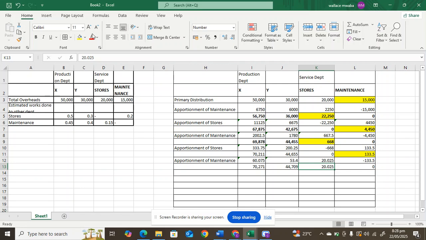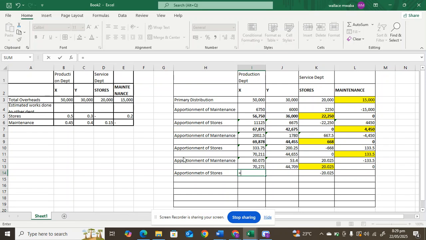So now we need to reapportion this amount for stores. So again, we're going to say apportionment for stores. So we're going to put here negative 20.025.